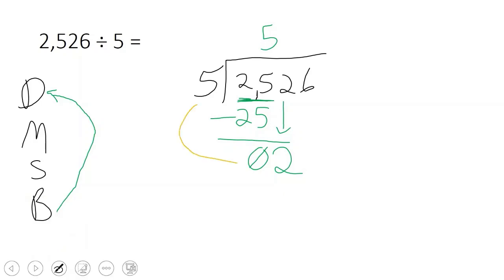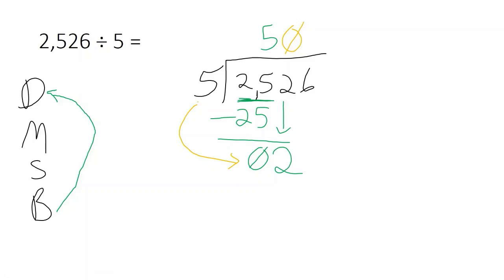We're doing 5 goes into 2 how many times? Again, I can't do this because if I skip count 5, 10, 15, even just 5 times 1 has gone over that 2. When that happens, I'm going to put a 0 up top to show that I could not fit 5 into 2.